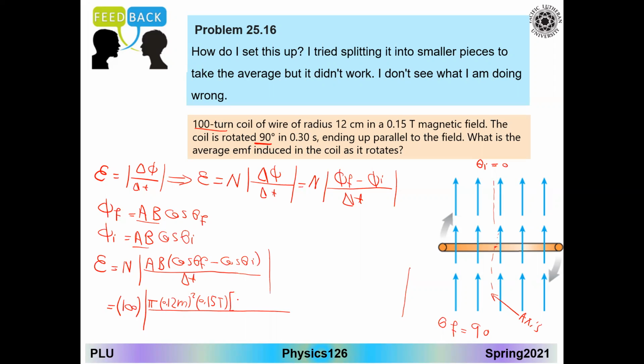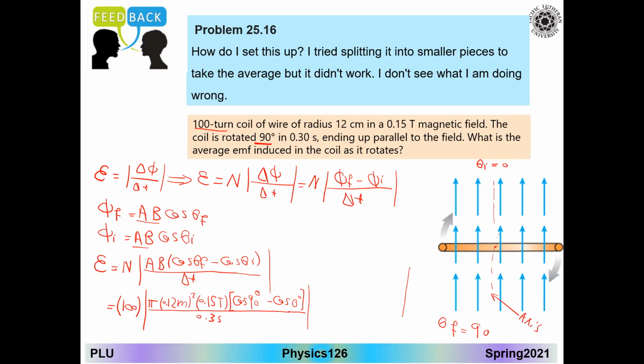And this times cosine 90 degrees minus cosine 0 degrees. And the entire value here is divided by 0.3 seconds.